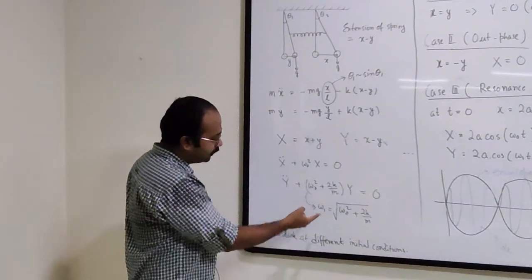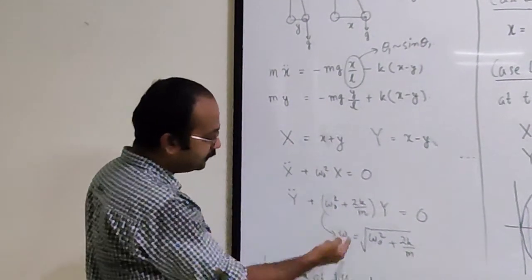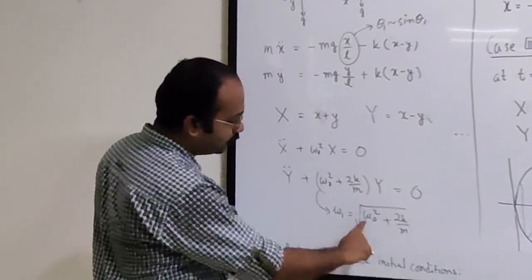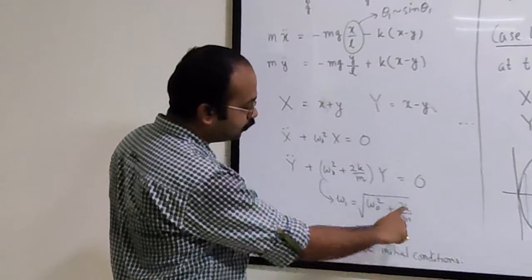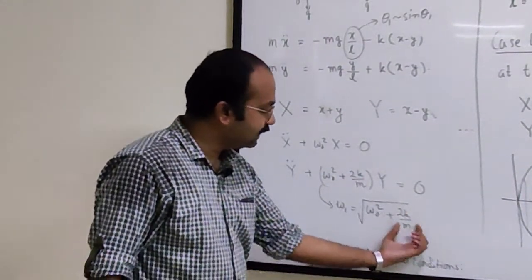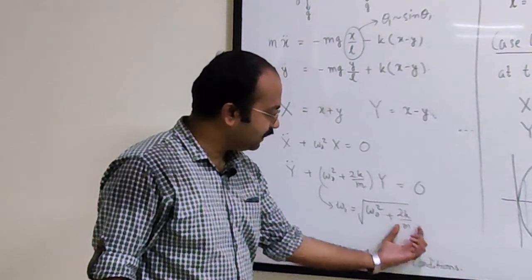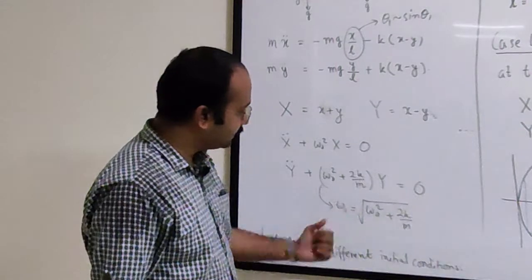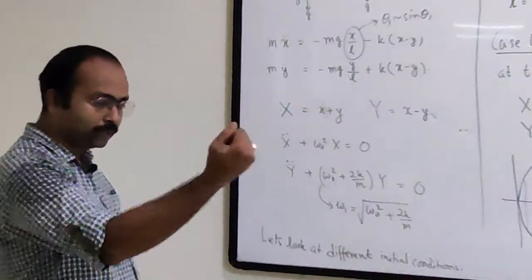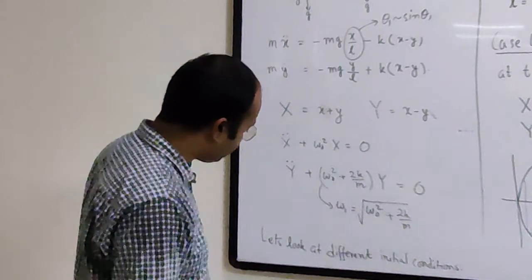And then you have this other oscillation for the relative coordinate, with frequency omega 1, which is the square root of omega naught square plus 2k by m. So here you will see the effect of adding the spring. Because you had this spring, this frequency is now greater because it is pulling the pendulum towards it.